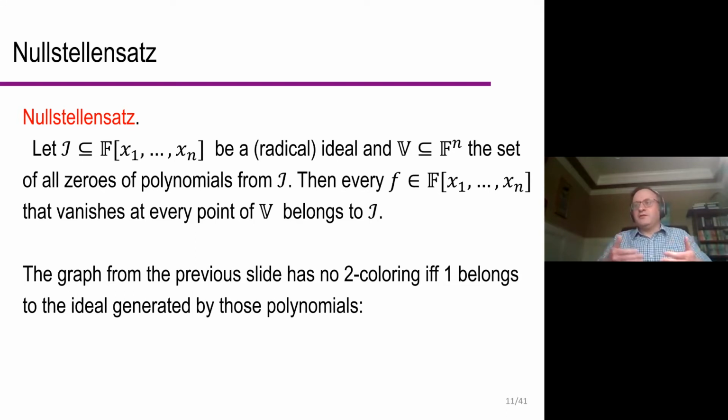Remember that this is what we concluded, that a two coloring exists if and only if those polynomials have a common zero. This means that this graph doesn't have a two coloring if and only if those polynomials don't have a common zero. And this means that the variety corresponding to that ideal is empty, and therefore every polynomial belongs to that ideal.